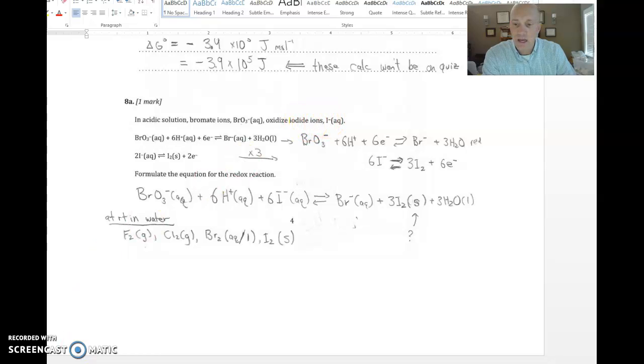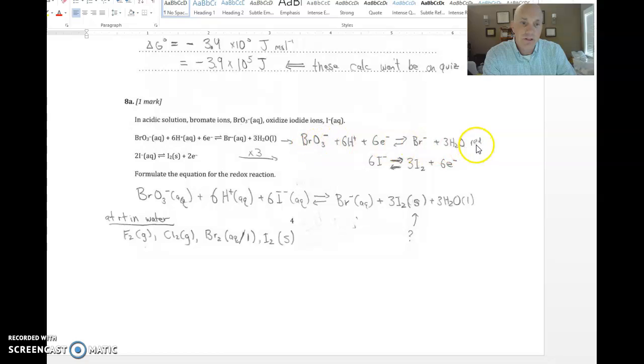If you had access to the data booklet and you looked at the half cell potential chart, you could find this reaction. Regardless, if we're going to show this as iodide ions being oxidized, it's going to be the opposite of what you would see in the data booklet, because those are all written as reductions.